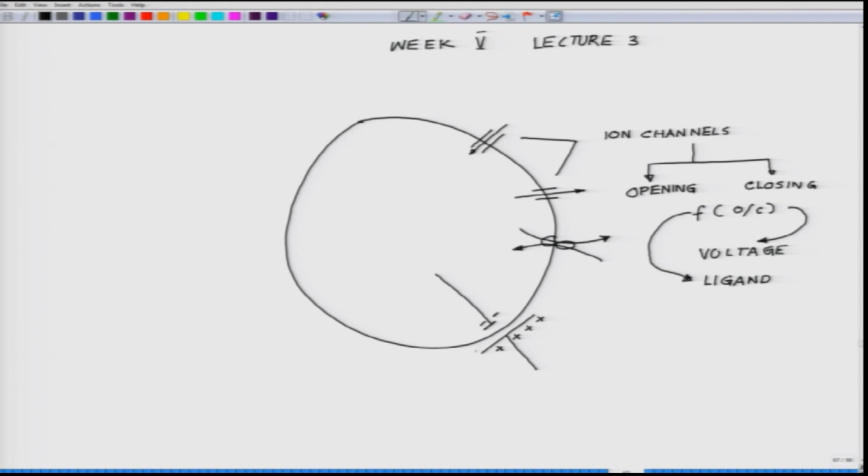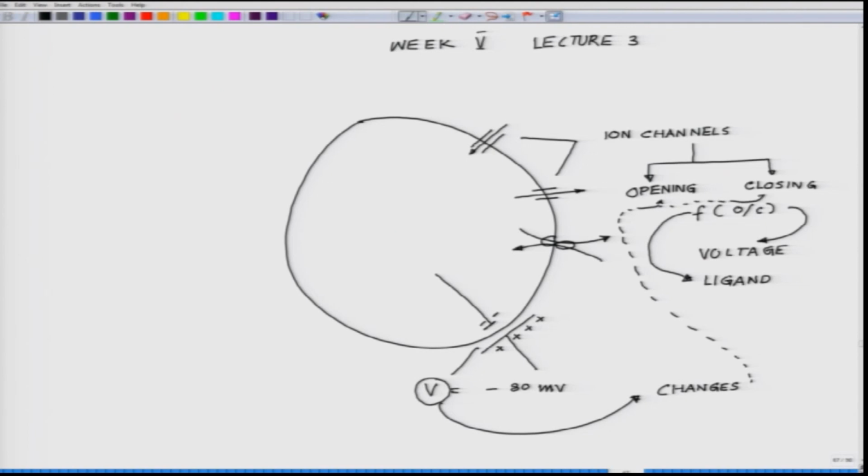If you measure the voltage across it, which we know is sitting at minus 80 millivolt, sometimes minus 70, minus 40 to minus 80 millivolt, and now if this voltage across it changes, then this change could lead to the opening or closing of some of these ion channels.